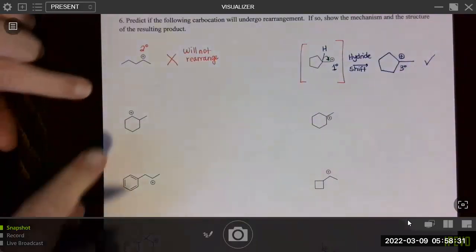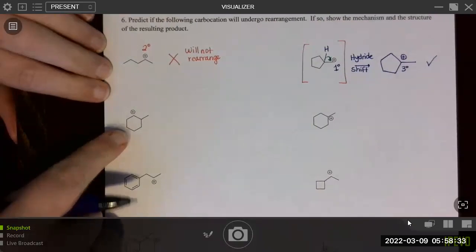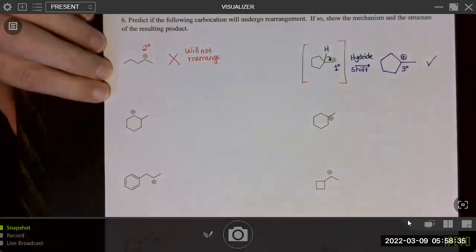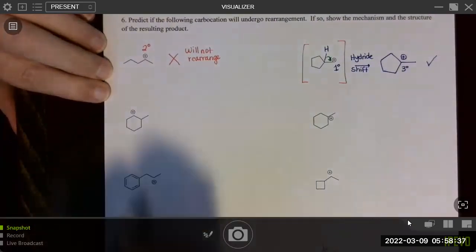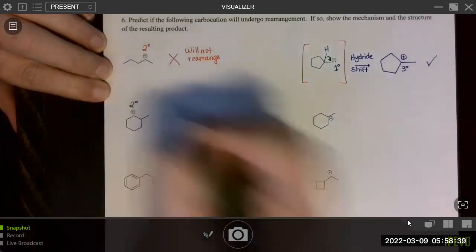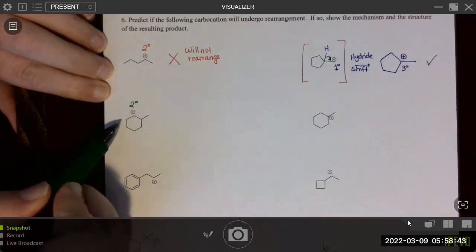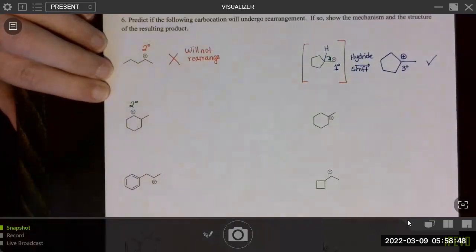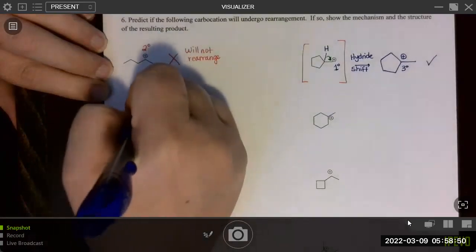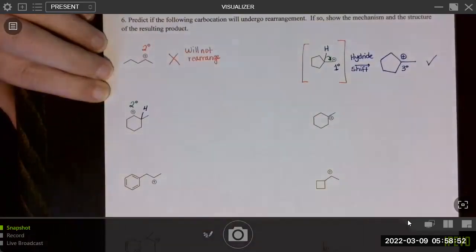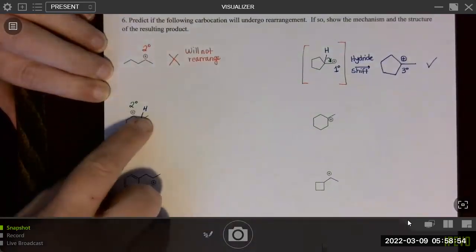Okay, moving on to this structure here. Right now we have a secondary carbocation. So we ask ourselves, what if we remove one of these hydrogens over here and shifted it over? Then it would still be secondary. However, there is a hydride and a methyl on the right.